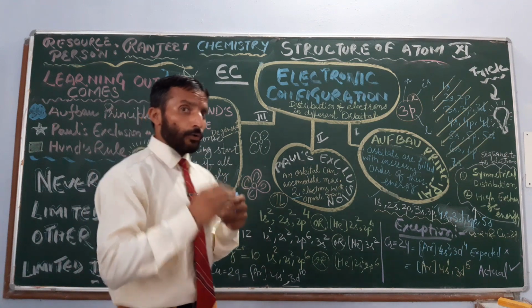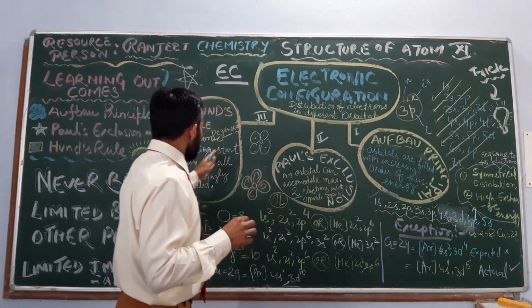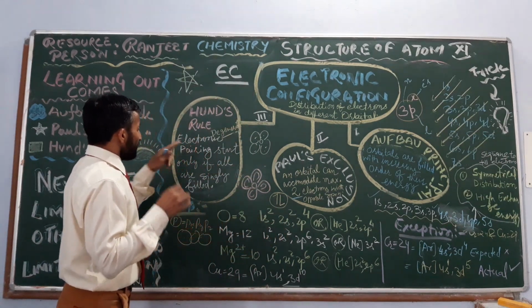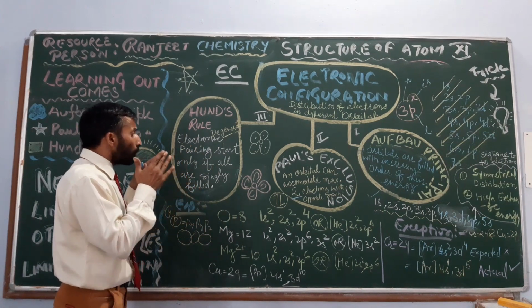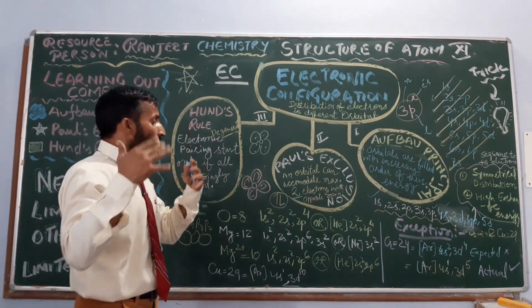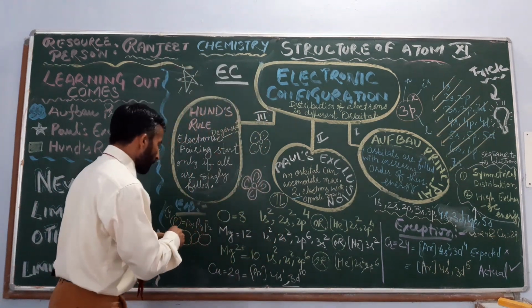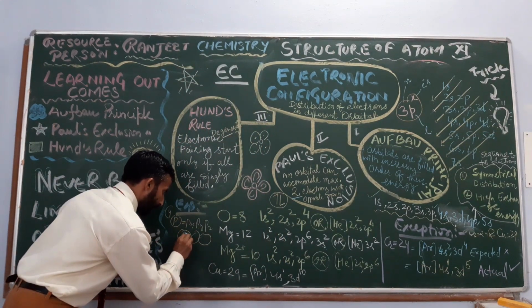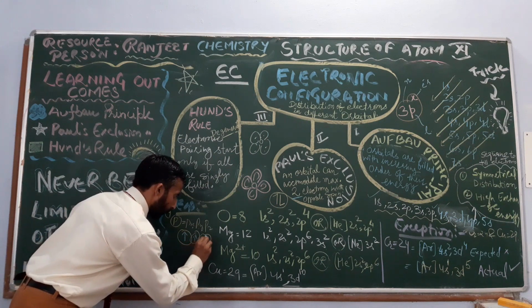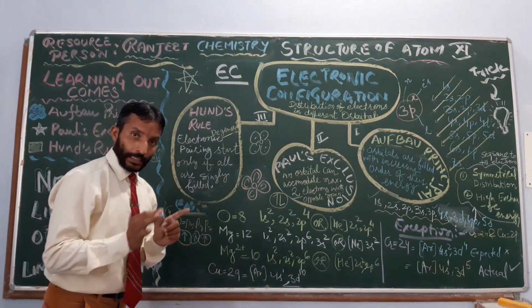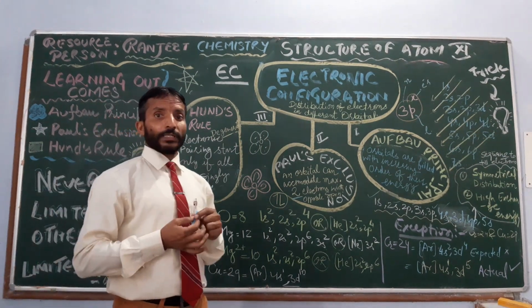So how to distribute? This rule says that electron pairing starts only if all are singly filled. Means I will fill one electron in each orbital. Then the pairing of electrons will start.